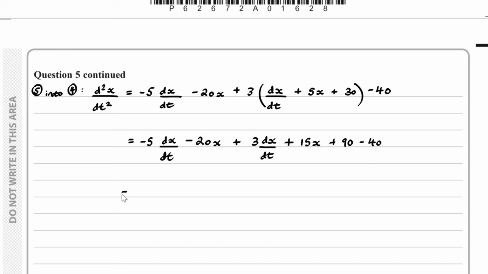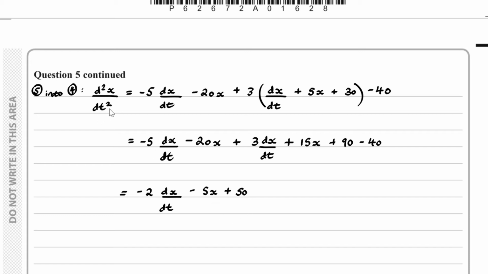So if we collect like terms, minus 5 dx over dt plus 3 dx over dt, that's minus 2 dx over dt. And then we've got minus 20x plus 15x, that's minus 5x, 90 minus 40, that's 50.